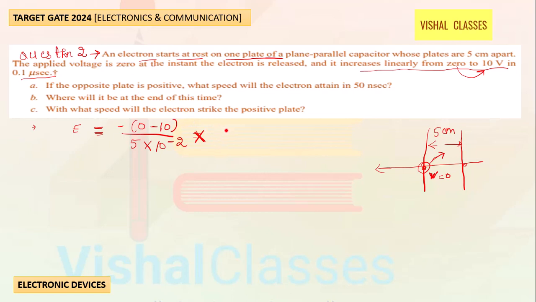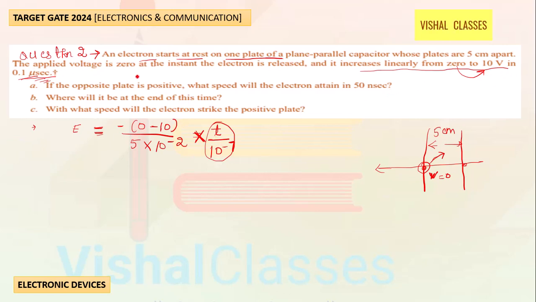I am multiplying by t and dividing by t to make this quantity unitless: 10 raised to power minus 7 in 0.1 microsecond.